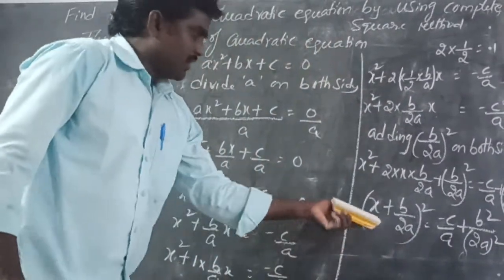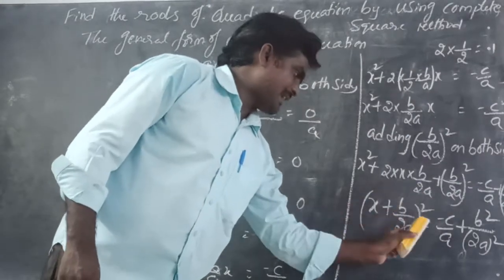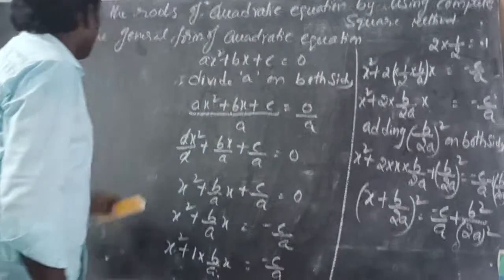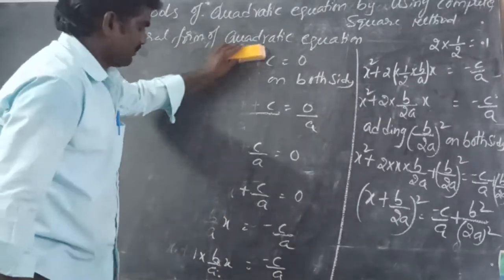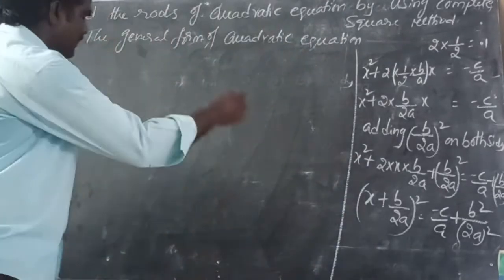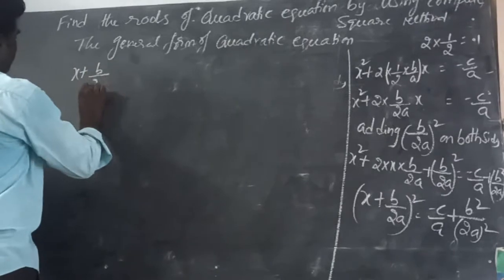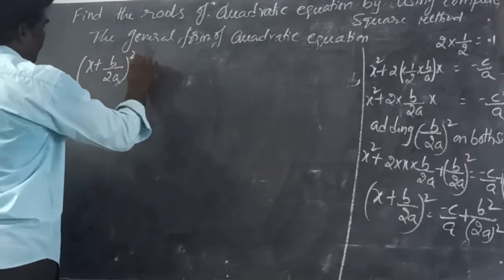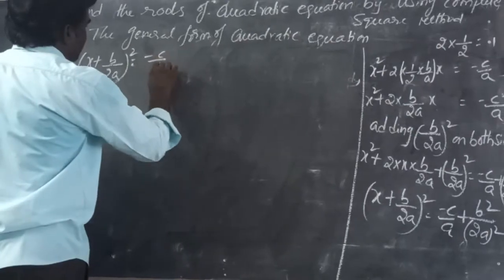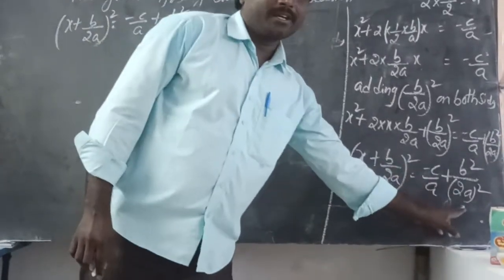So here observe, x plus b by 2a whole square in the LHS is in the form of a square. So in the RHS we can simplify minus c by a plus b square by 2a whole square.